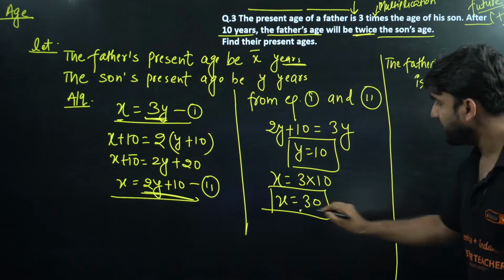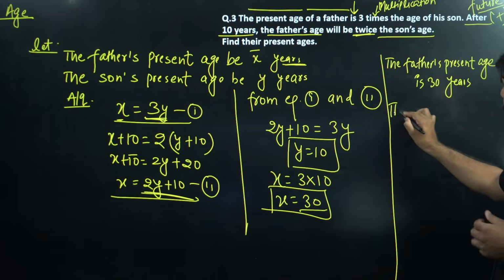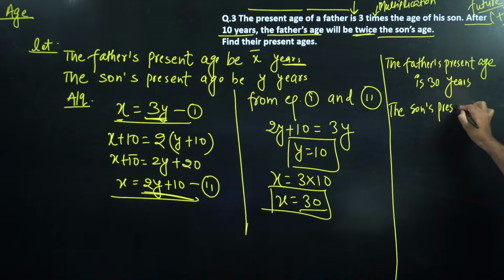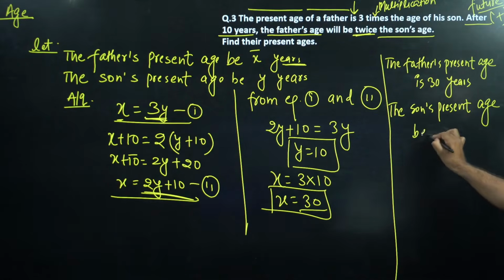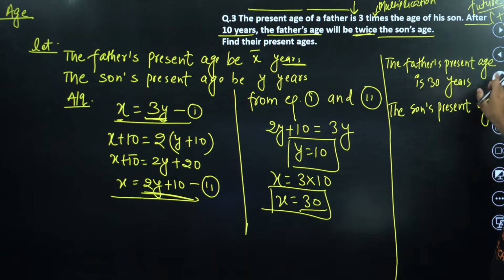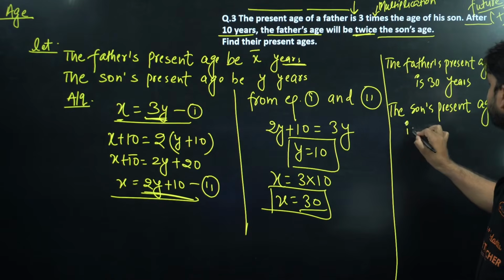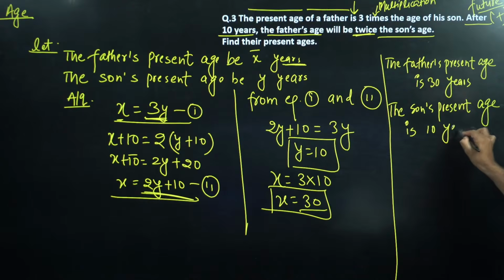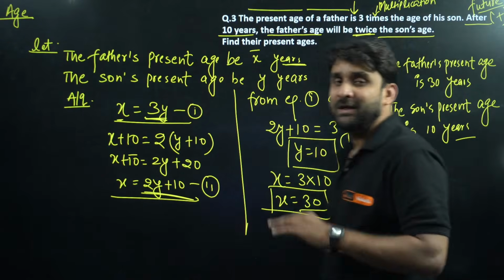We have calculated now x, and the son's present age, we have confirmed now, y is 10, so is 10 years. This is the solution. I hope everything is cleared.